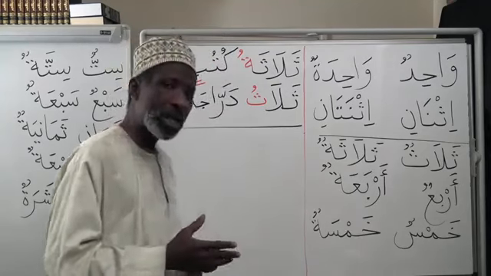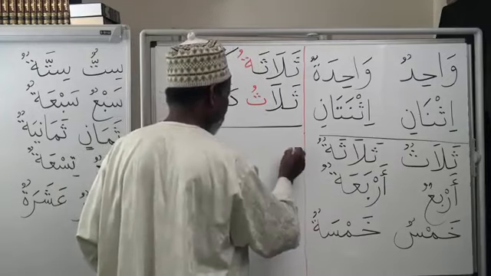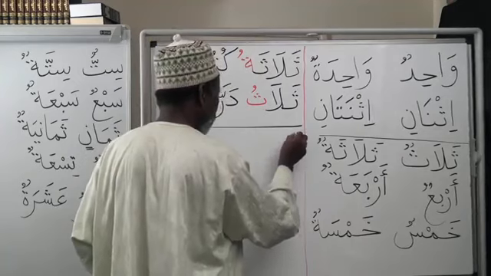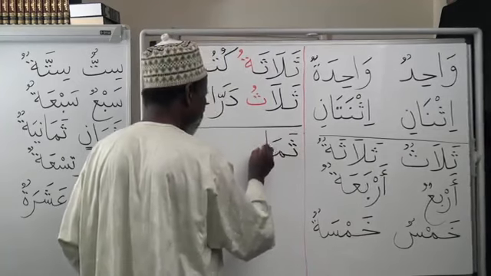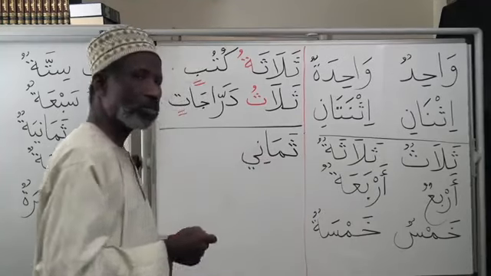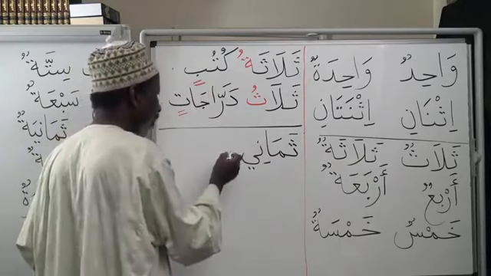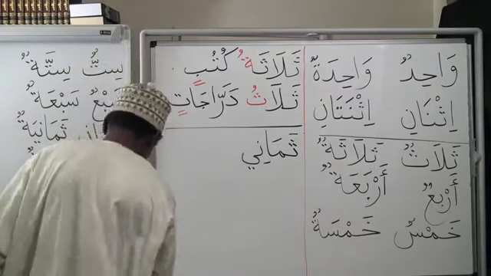But let's say you want to say 8 books. You will say Thamani, that ya is back. Thamani, and then kutubin. Thamaniyatu kutubin rather.